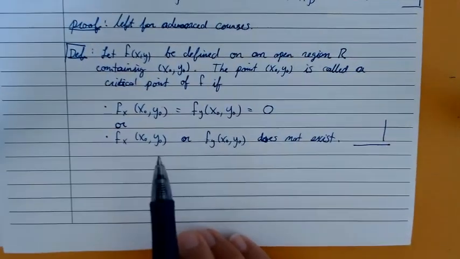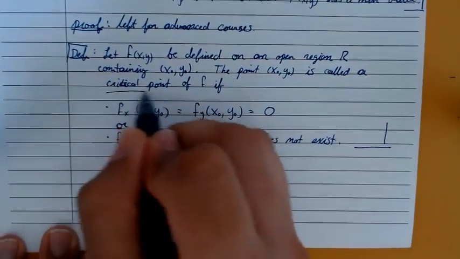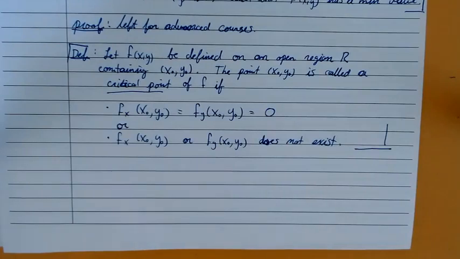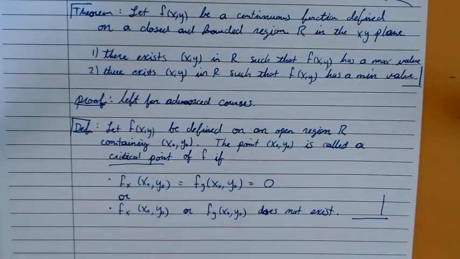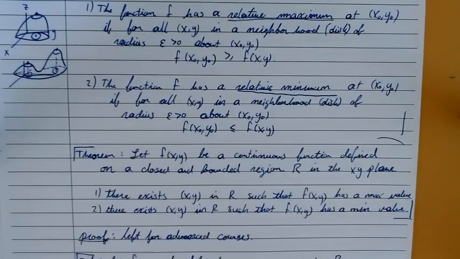So we're defining critical point. It turns out that our critical points can help us locate our maximums and minimums. Now, they're not exactly the same. However, they are strongly correlated, which we see with the following theorem.